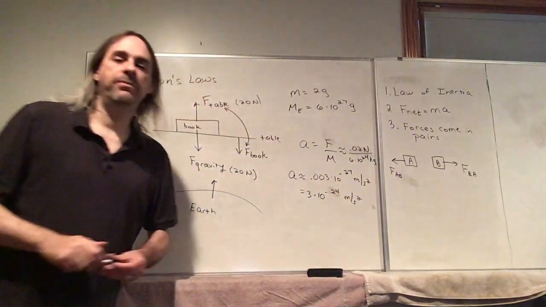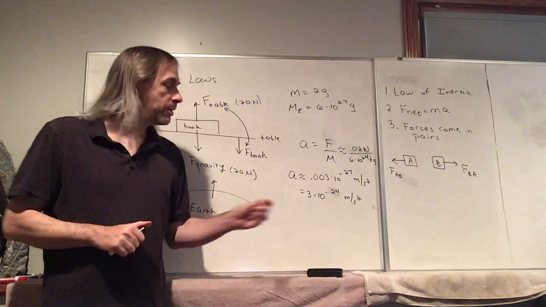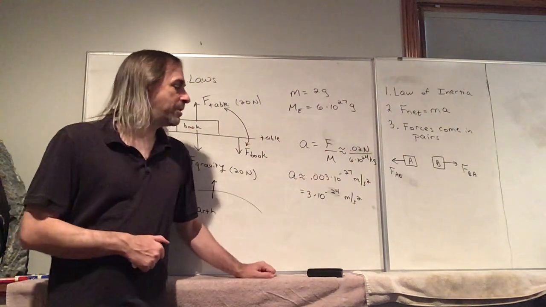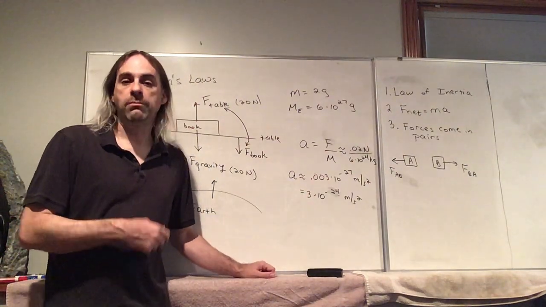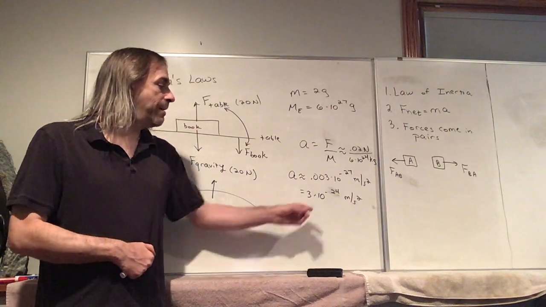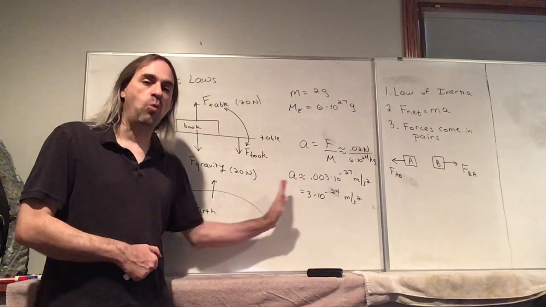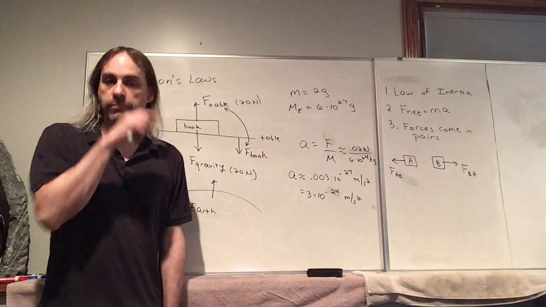So, rough estimate, the acceleration of the Earth upwards is around 3 times 10 to the minus 24th power meters per second squared. So you've got 23 zeros and then a 3.